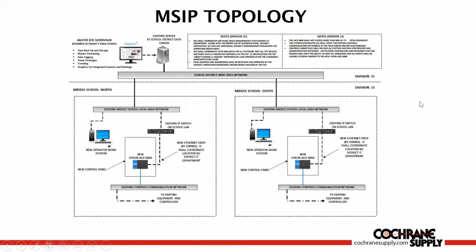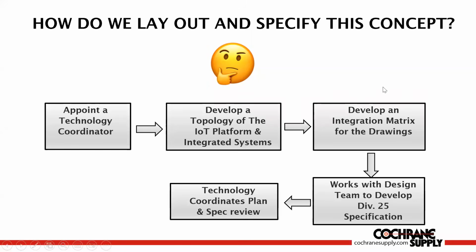I think these 2 schools actually had 2 different contractors, but because there's a master systems integrator adhering to Division 25, all the graphics, all the tagging, all the scheduling, the alarm strategies, all of that is common from building to building. So that's one of the advantages of using Division 25 also.